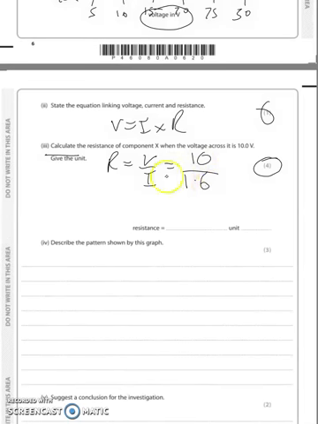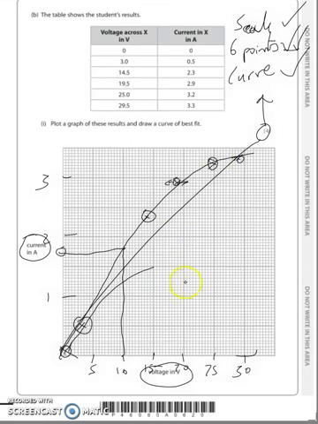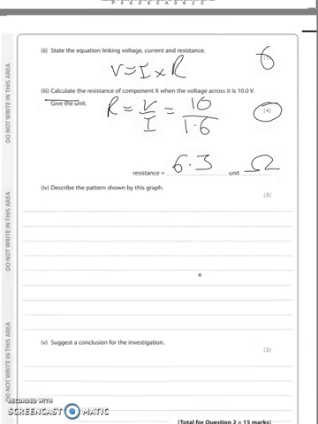They would have given you half a small square either way of that as well. So then we can rearrange, and we can get that the resistance is 6.3, and then the correct unit would be ohms. So 4 marks on offer there because you were meant to notice that there was no current for 10 volts in the table, so you had to use your graph in order to read that off.